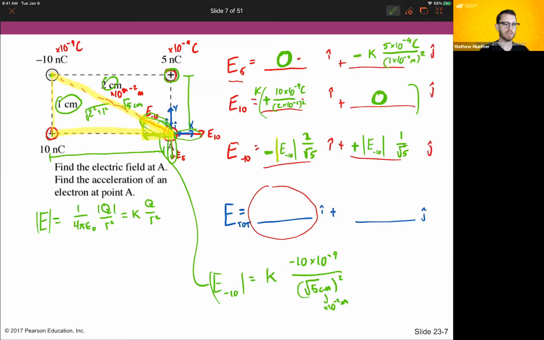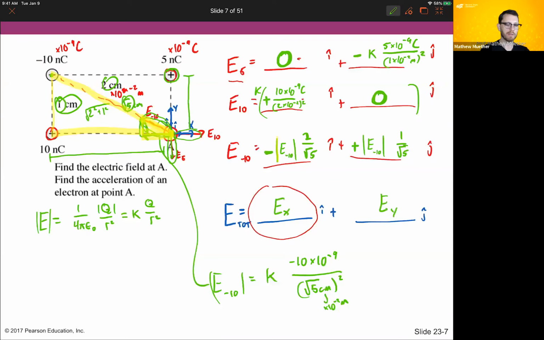And I'm just taking those ratios, right? I know that this component is going to be like 1 over square root of 5 by looking at these similar triangles. Okay, and now I'm basically done. Now if I want the total here, I just sum up these individual bits. I'm going to get, right, just 0 plus the x component of E10 plus the x component of E minus 10 to get what I might call, say, Ex and Ey.